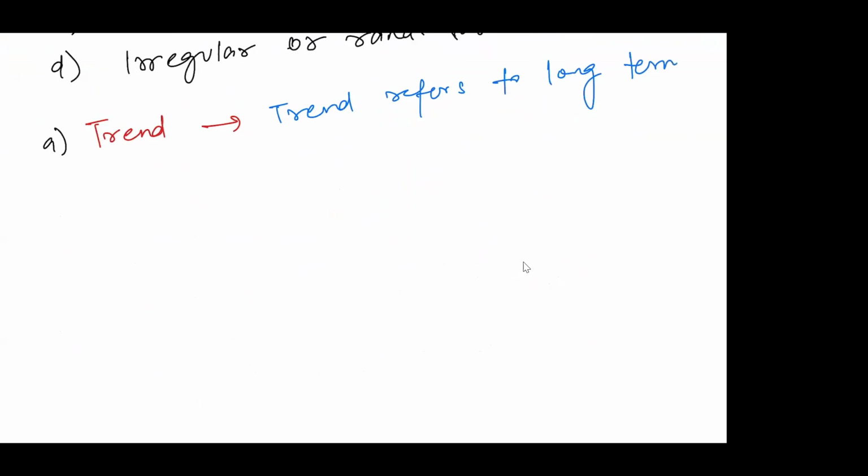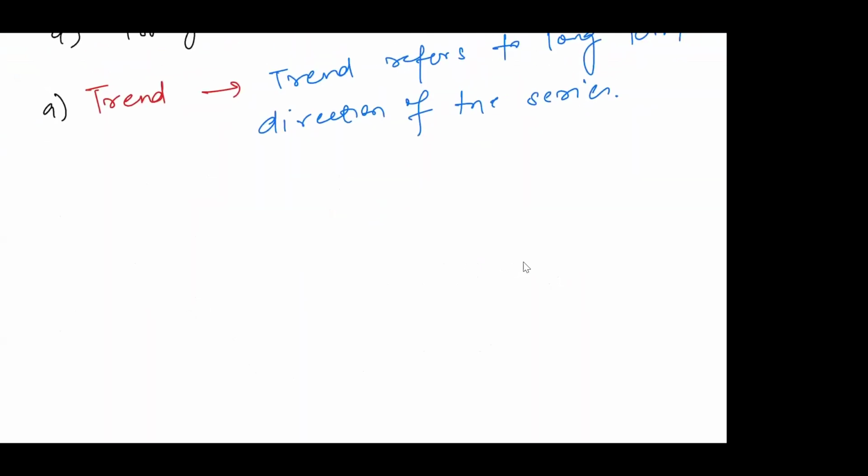So what is trend? Trend refers to the long-term direction of the series. What does long-term direction mean?